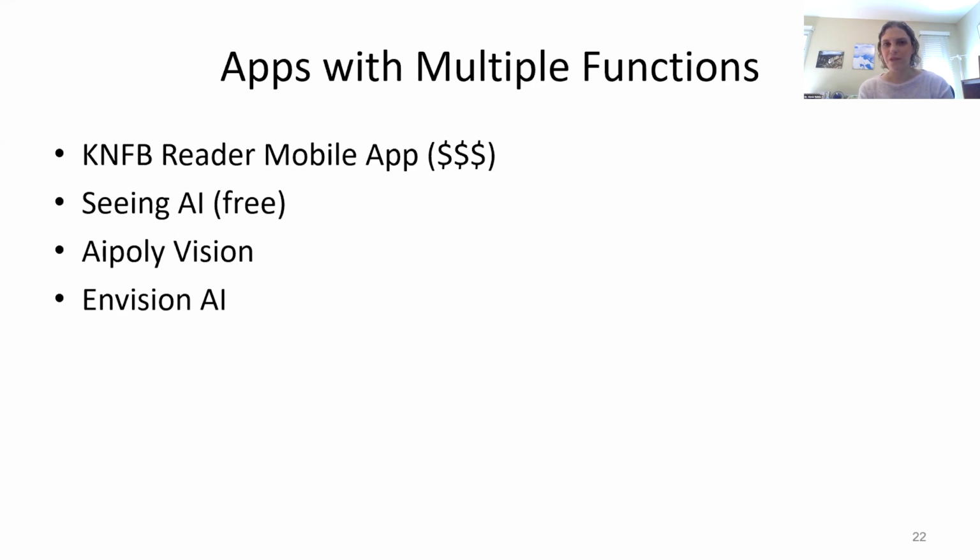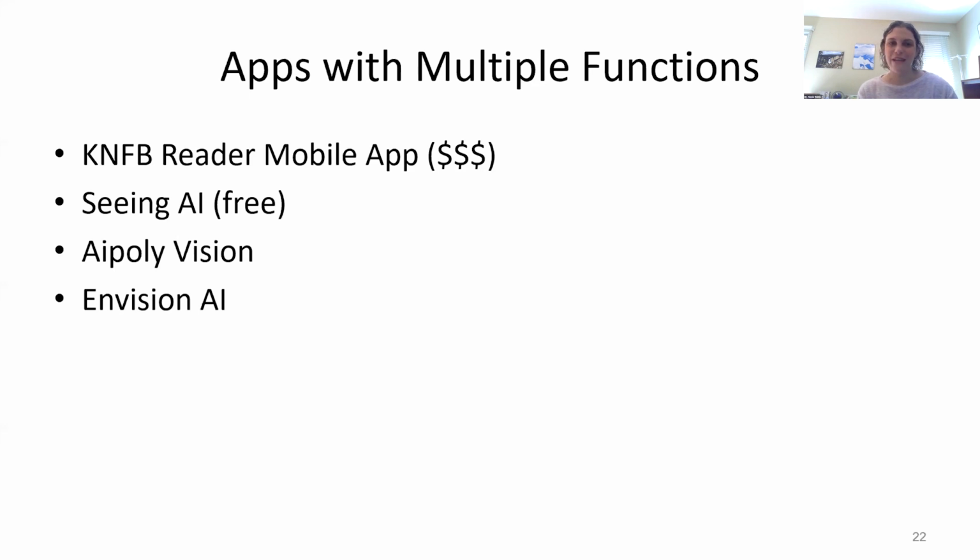I haven't worked with the newer Android document reading enough to say that Android can absolutely replace what the KNFB Reader mobile app does. But that's something that I'm going to start practicing with, to see if we can get people with an Android phone to avoid spending $100 US on an app. I love what they've done with the KNFB Reader app, and it's not that I don't want to support the app development, but when we're working with people with vision impairment, free is always better.